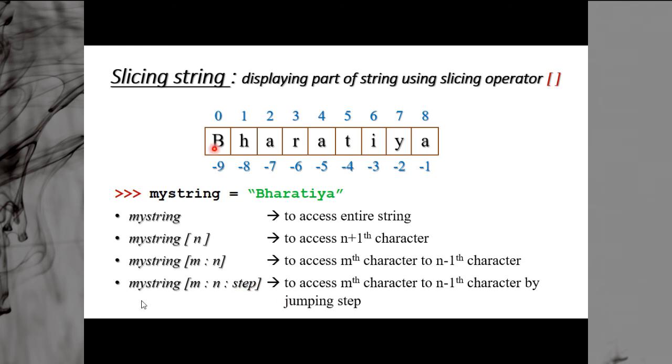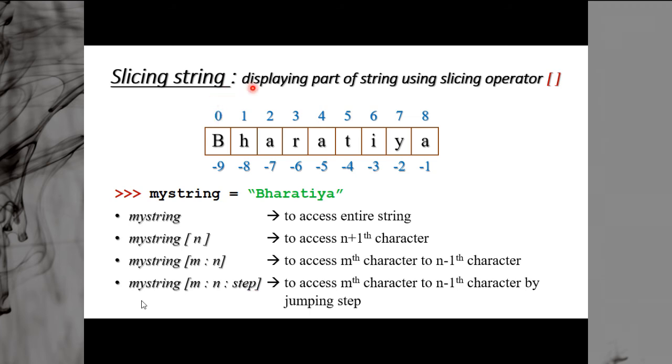Like if I want to access alternate characters of Bharat, I want to start from B, terminate at T, and access B, then A, leaving H, B, A, like this. So it will be my string 0 colon 6 colon 2.